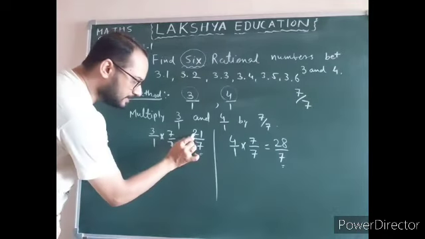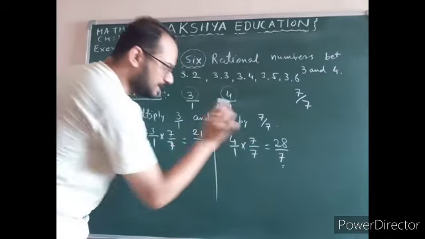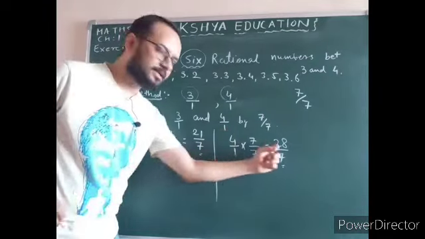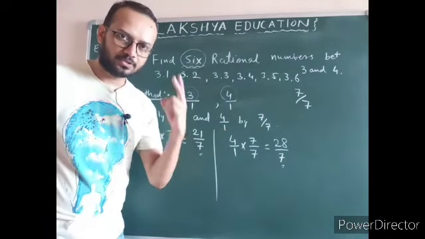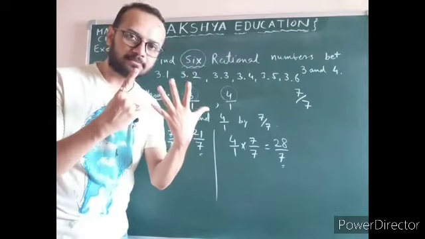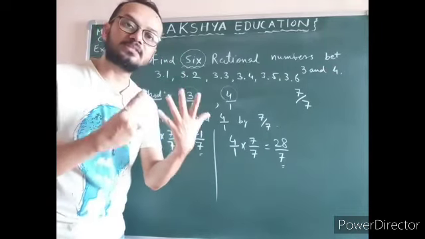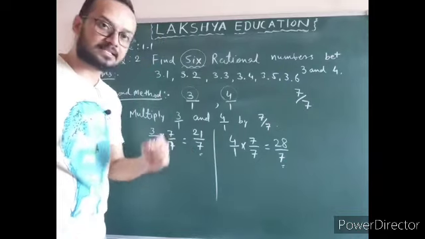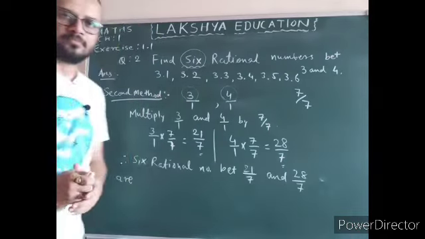See, here the numbers are 21 by 7 and 28 by 7. The gap between 21 and 28 is, after 21: 22, 23, 24, 25, 26 and 27. There is a gap of 6 numbers. So you can easily get 6 numbers between these two numbers.